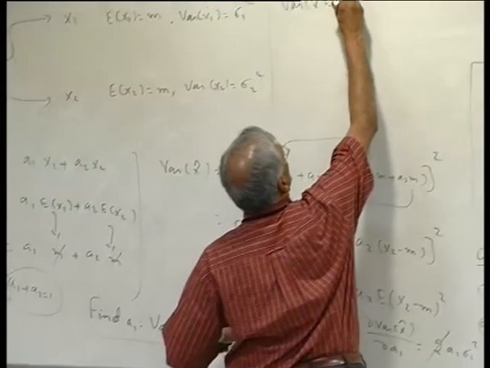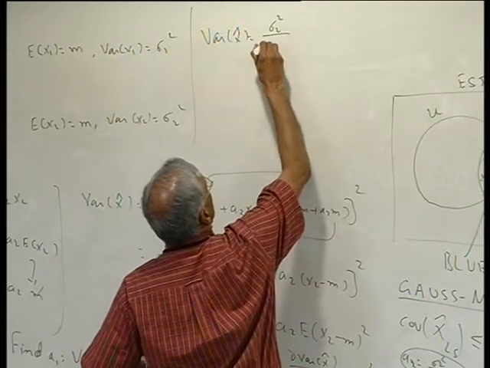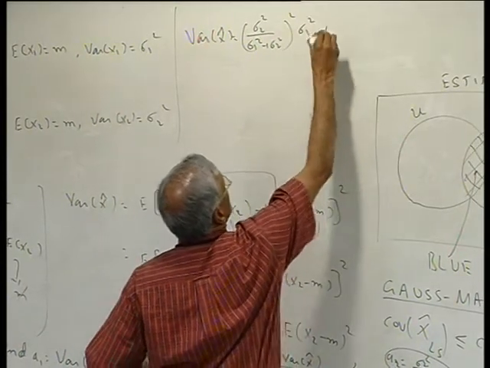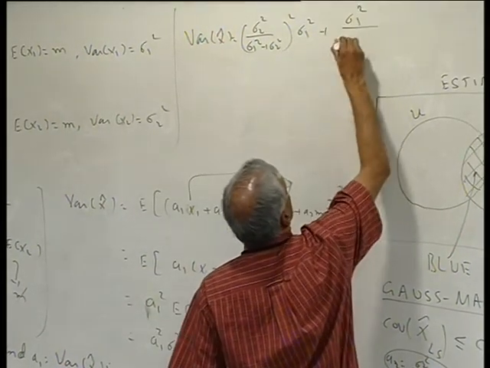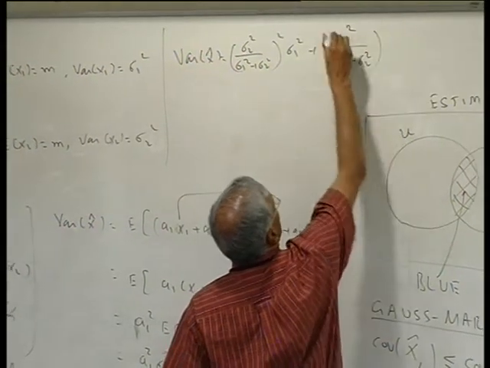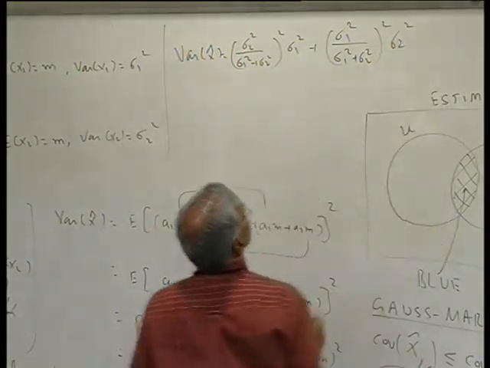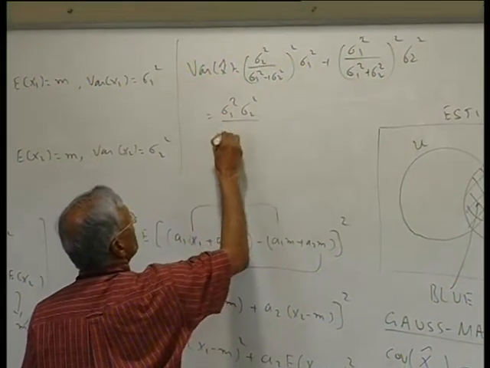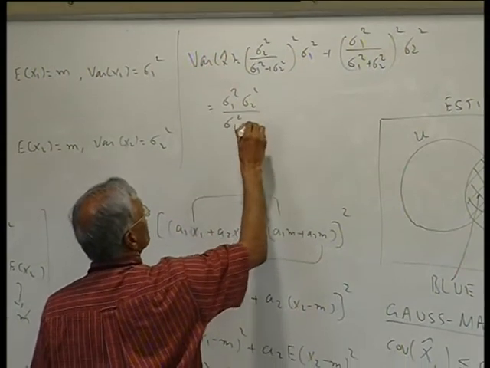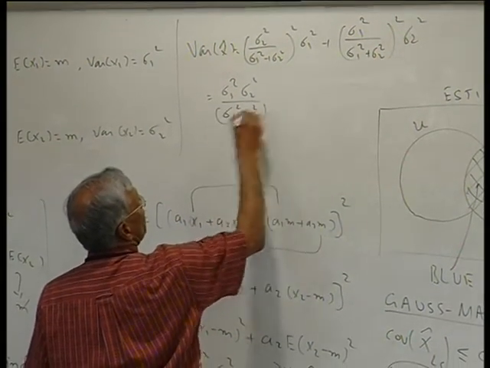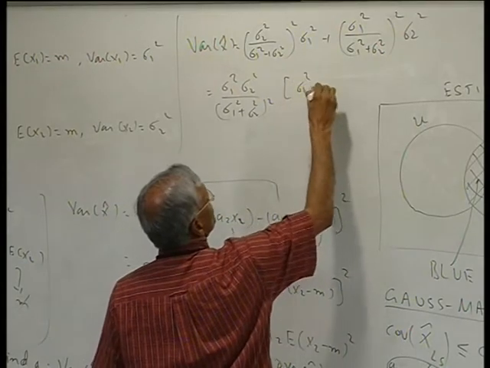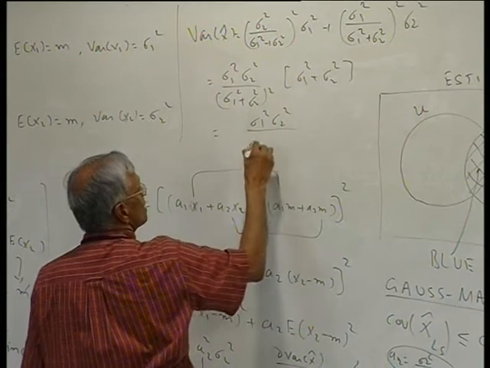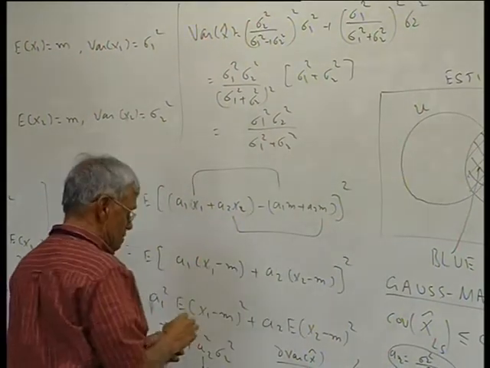So A1 squared is equal to sigma 2 squared divided by sigma 1 squared plus sigma 2 squared whole square, times sigma 1 squared, plus sigma 1 squared by sigma 1 squared plus sigma 2 squared whole square, times sigma 2 squared. So I can rewrite this as sigma 1 squared sigma 2 squared divided by sigma 1 squared plus sigma 2 squared whole square, times sigma 1 squared plus sigma 2 squared, that is equal to sigma 1 squared sigma 2 squared by sigma 1 squared plus sigma 2 squared. This is a very fundamental relation.